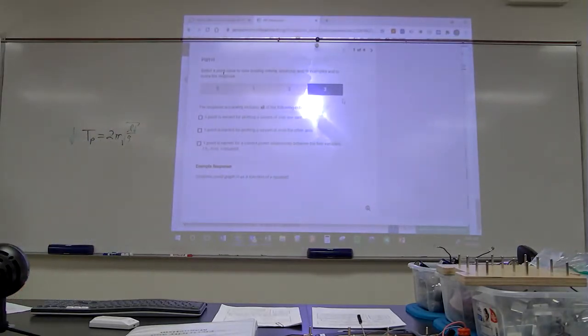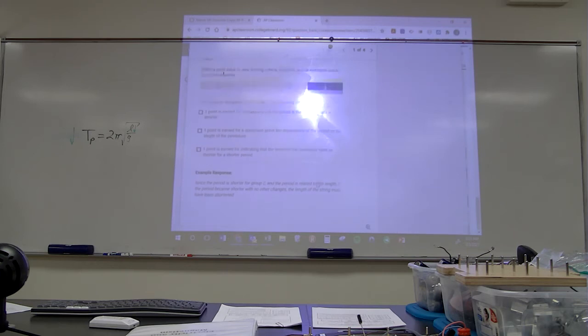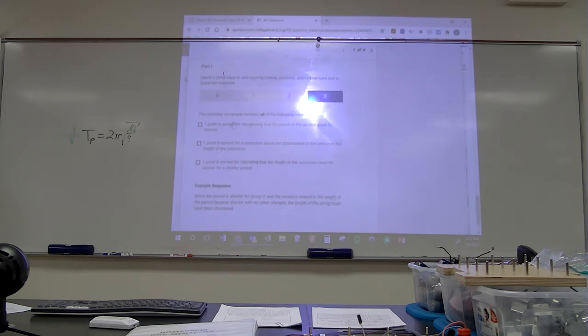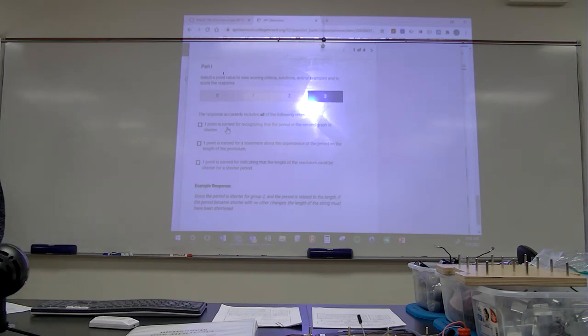So what the scoring guidelines would say is 3 points. The response accurately includes all of the following criteria. 1 point is earned for recognizing that the period in the second graph is shorter. You wouldn't necessarily need to say the period.